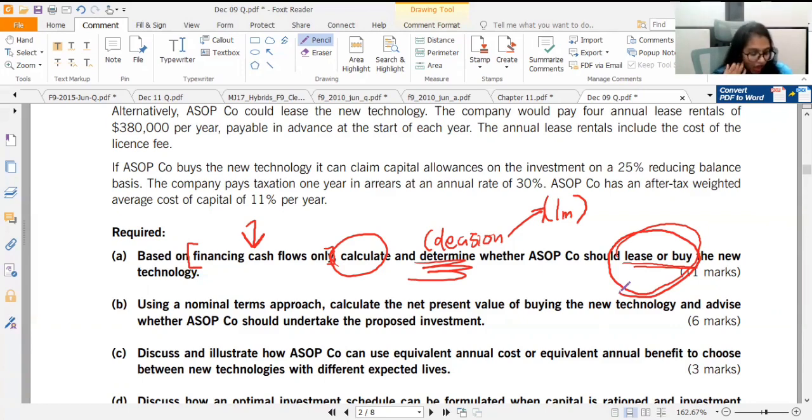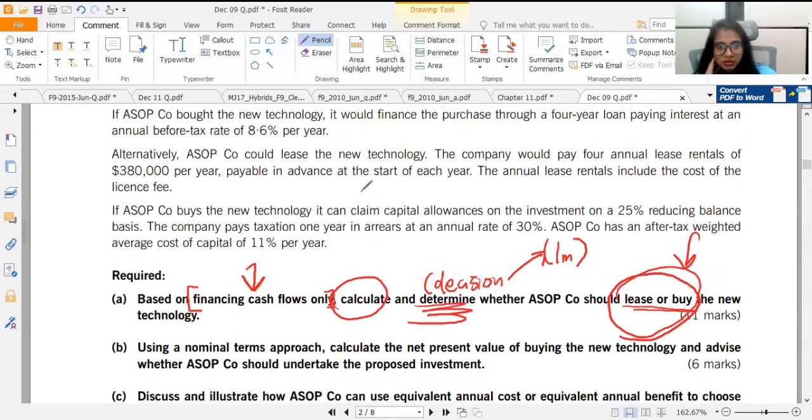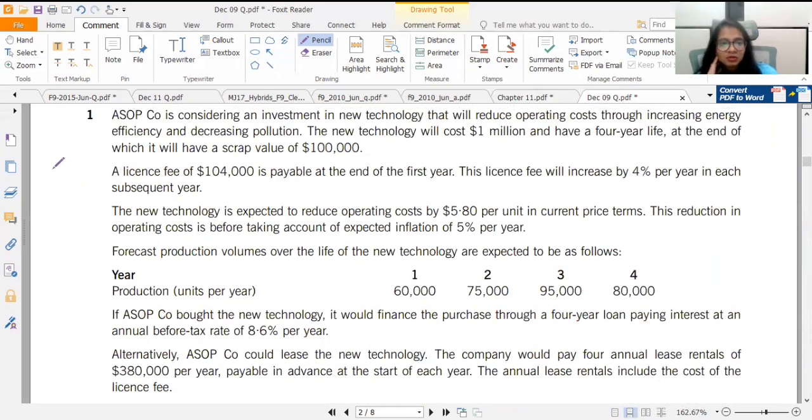Okay guys, how you determine it is you need to compare. First of all, he definitely will write lease or buy. I have never seen before that he did not write lease or buy. But assuming your examiner purposely wants to test your knowledge and he didn't write lease or buy, what you do is you go up here, and definitely somewhere in the question, you will see something about a lease payment.